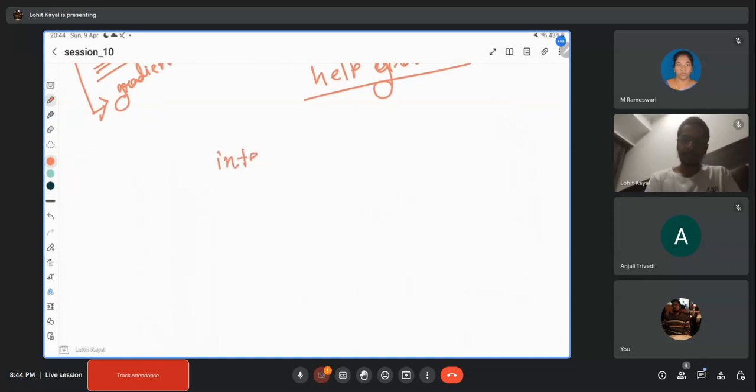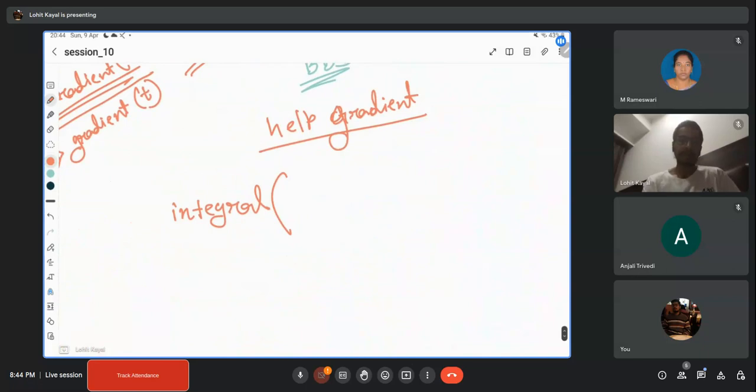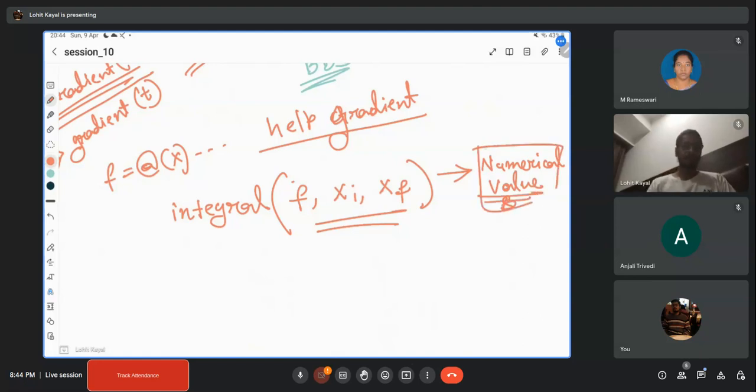I will show an example of this in the next class. First you need to define the function f equal to @(x) something, then integral of f, xi, xf, where xi is your initial point and xf is your final point, and you will get the numerical value for your answer.